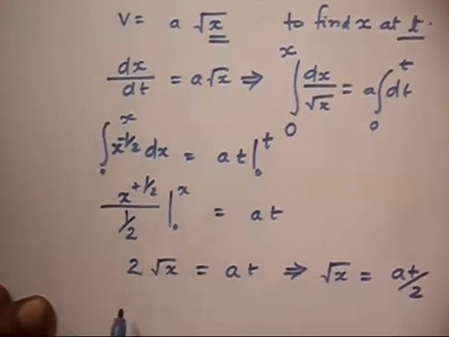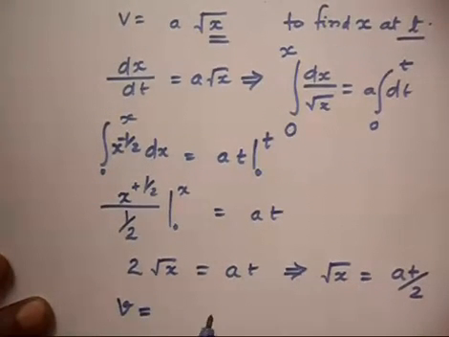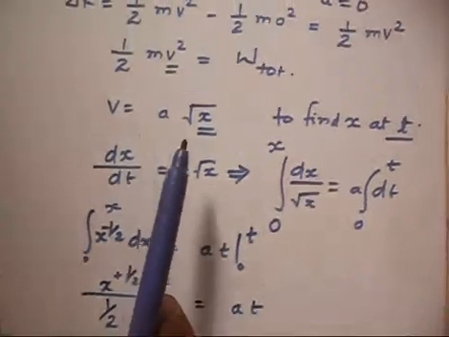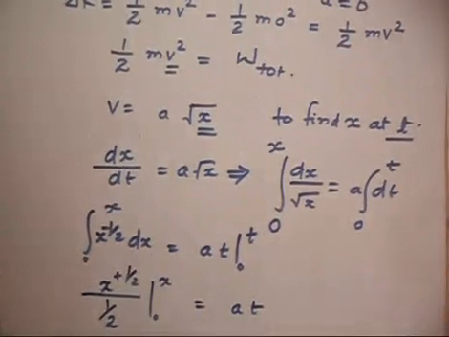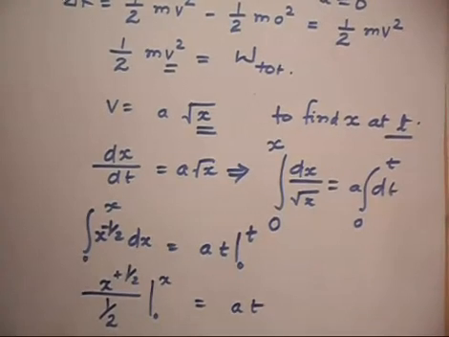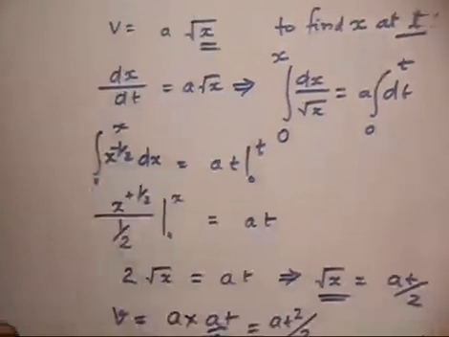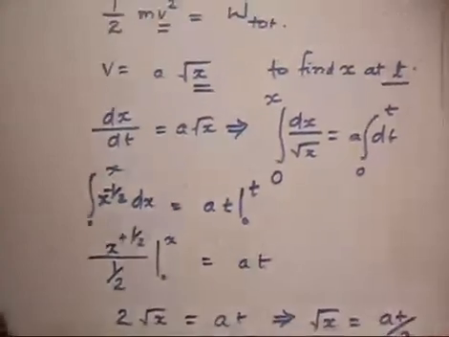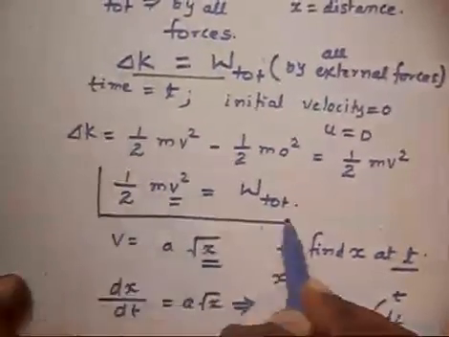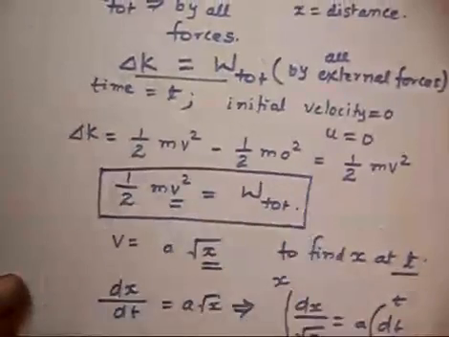So the velocity after time t is given by this equation: velocity is a root x, and root x I know is a t by 2. So velocity will be a square t by 2. Are you getting or not? Now I have to put this velocity into the change in kinetic energy equals work done equation, and then I will find the total work done.